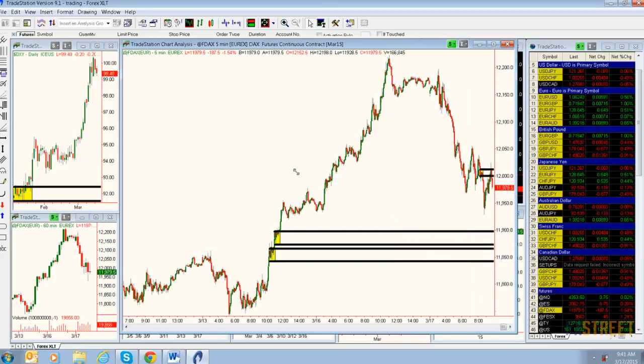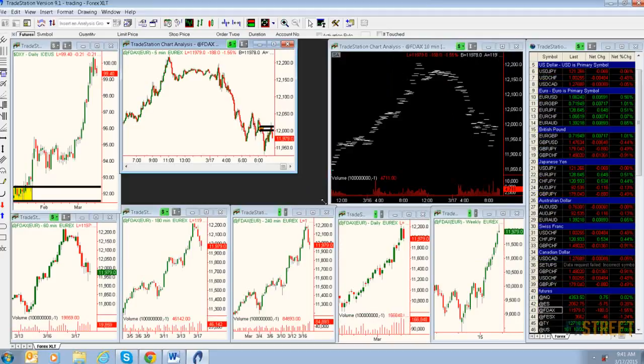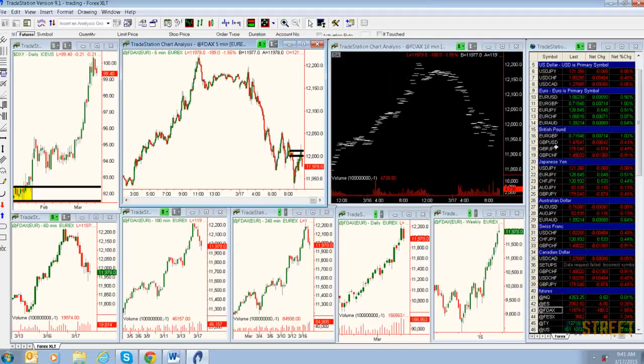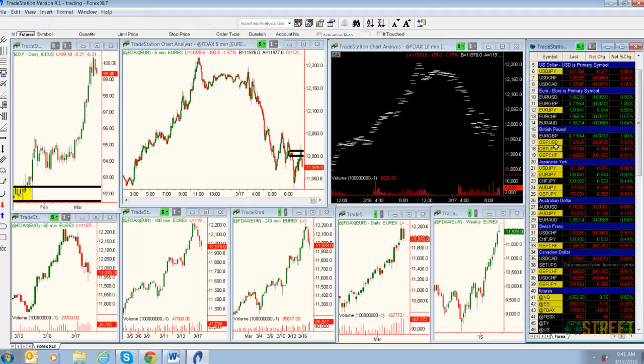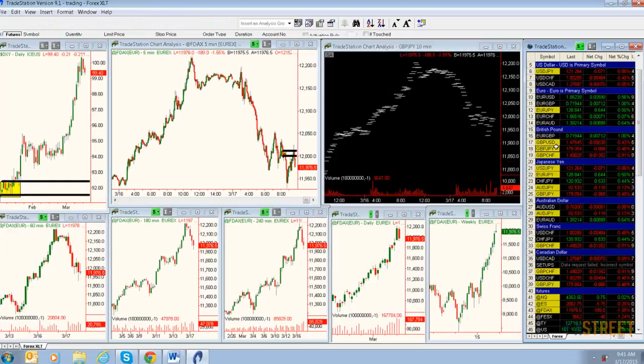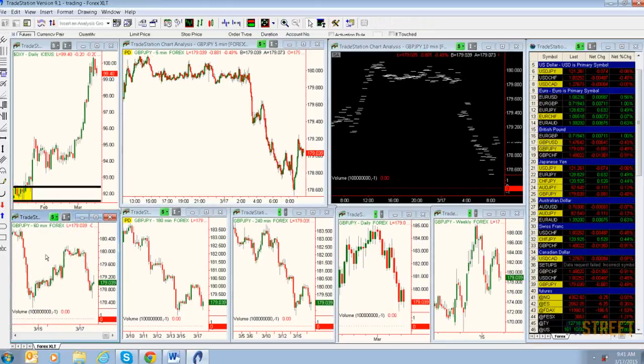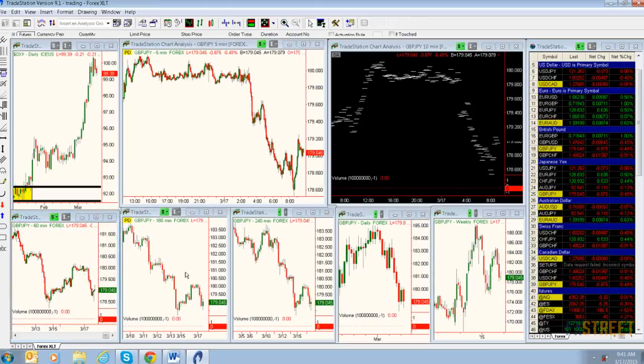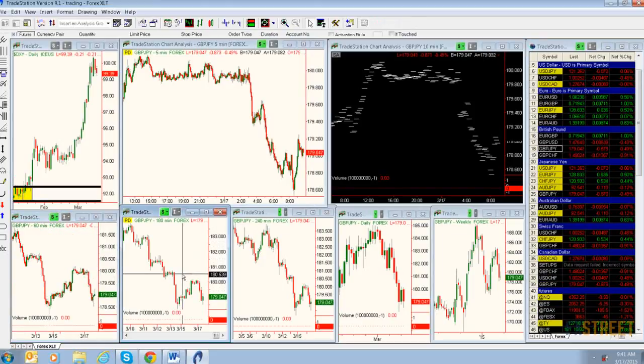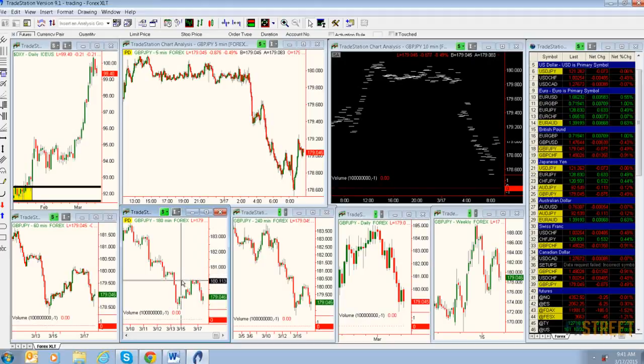And let's see. Yep, we can look at the pound yen. Great levels here, obviously. Big picture. I'm not sure what you're looking for, but if you look at these larger time frames, once you get above 180 into the 180.50 area, you've just got supply after supply, some really nice levels there.